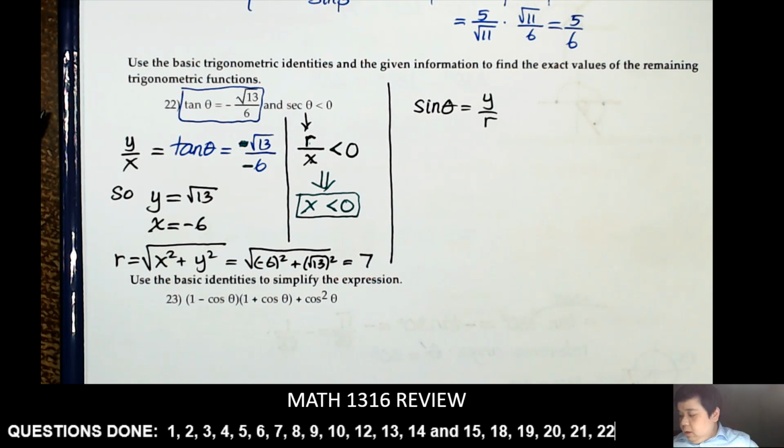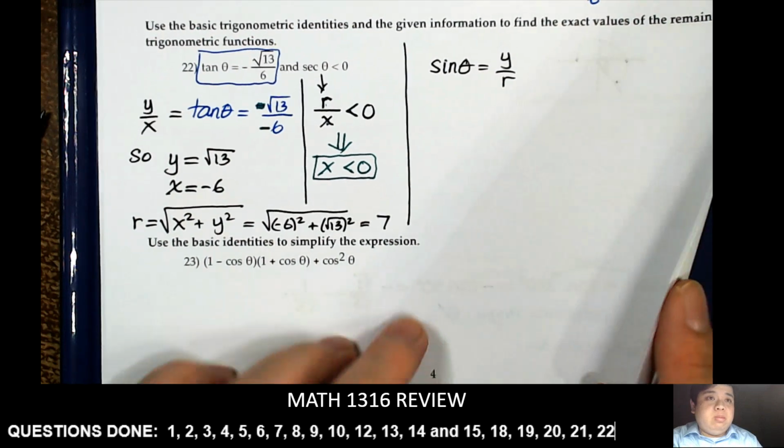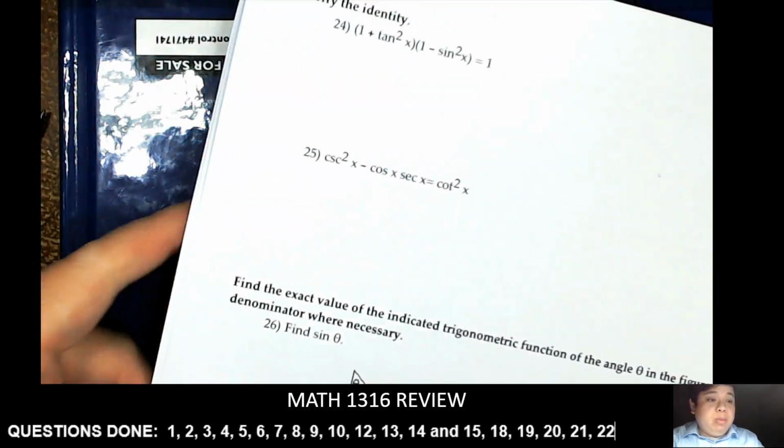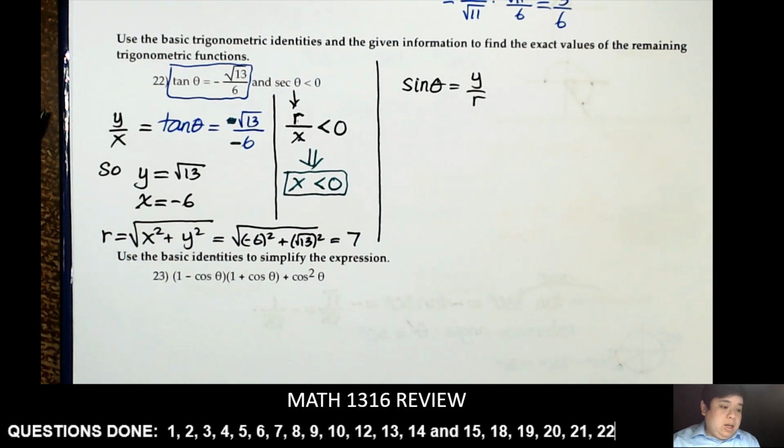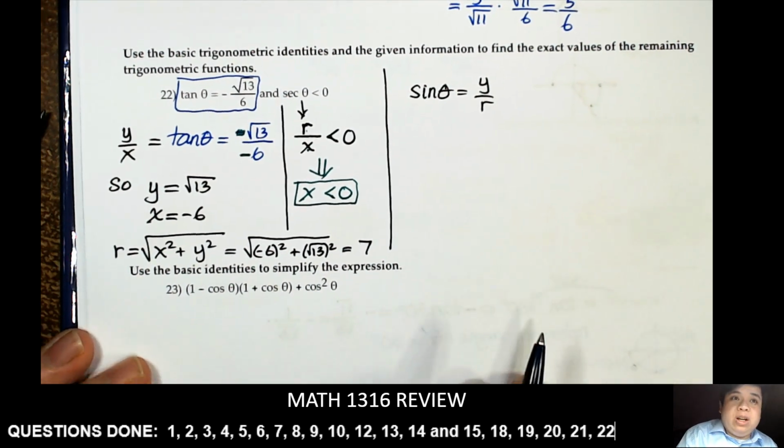Next we have some basic identities. So here we either do algebraic manipulation or use some basic trick identities.